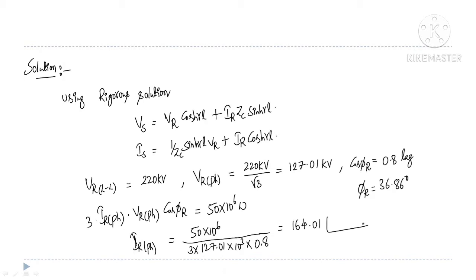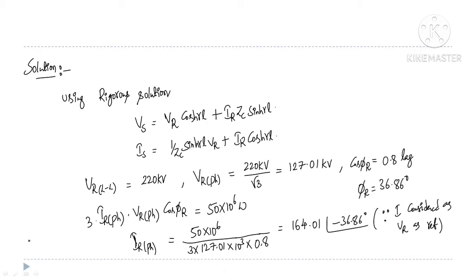So what is that negative angle? It is minus 36.86 degrees. Since I considered VR as reference, the angle for IR will become minus 36.86 degrees.